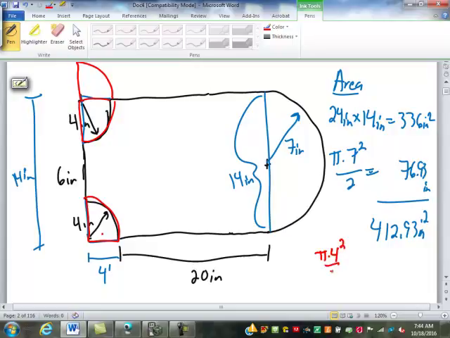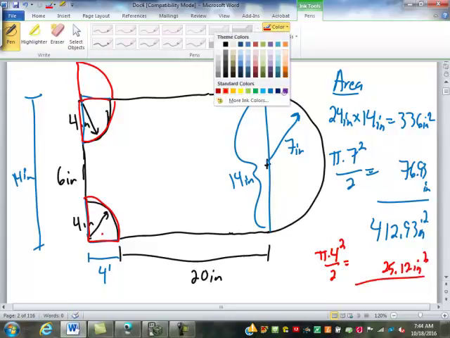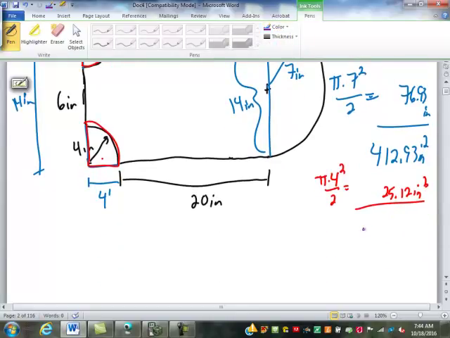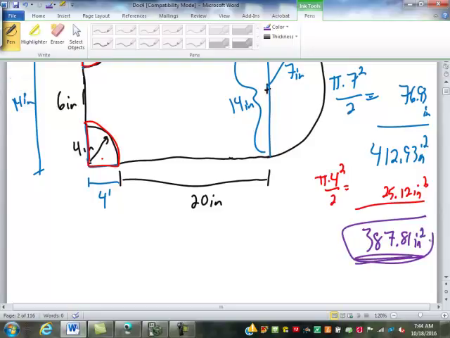So pi times 4 squared divided by 2 is 25.12 square inches. So we subtract that out. This is going to be 387.81 square inches. Anybody get that for an area? Anybody have questions as to where that area came from?